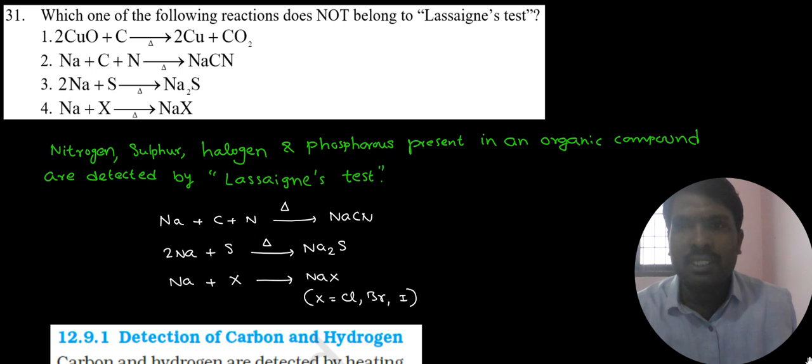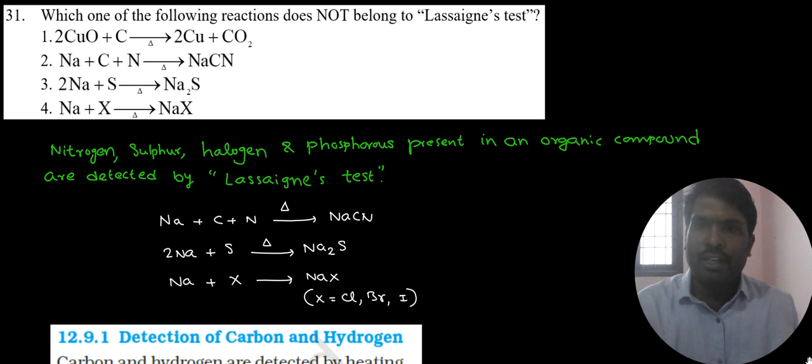We know that nitrogen, sulfur, halogens and phosphorus present in an organic compound are detected by Lassaigne's extract. Lassaigne's test means sodium fusion extract. So by using sodium fusion extract, we can detect or identify nitrogen, sulfur, halogens like chlorine, bromine, iodine, and phosphorus also.